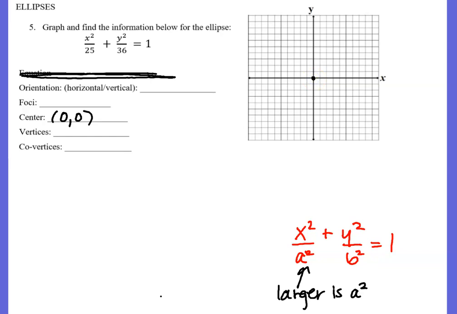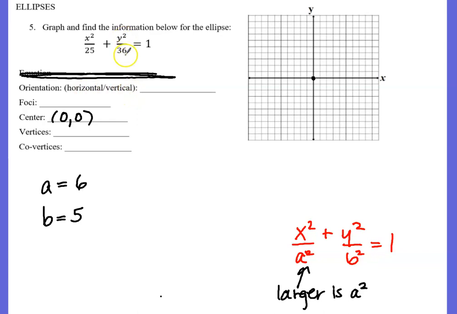Okay. Then I would list what A and B are. A would go with 36, but remember that's a squared, so the square root of that gives me A is 6, and the square root of B squared would give me 5. So again, the larger denominator is always A squared. So now, orientation, is it longer horizontally or vertically?